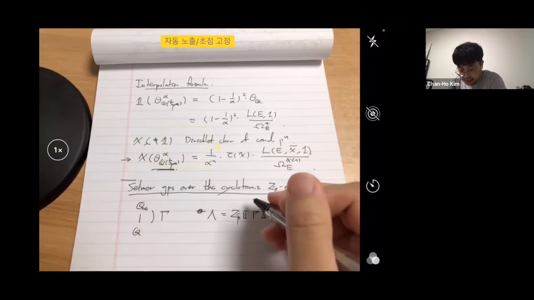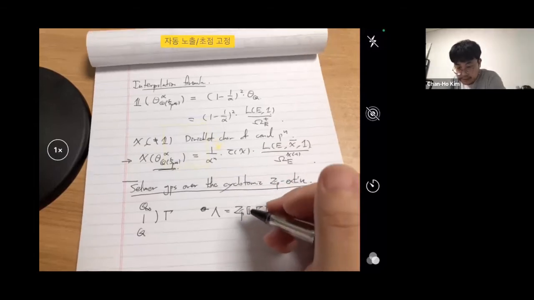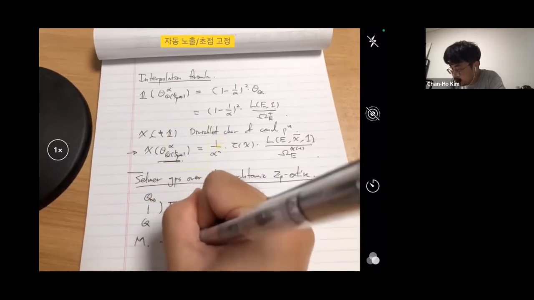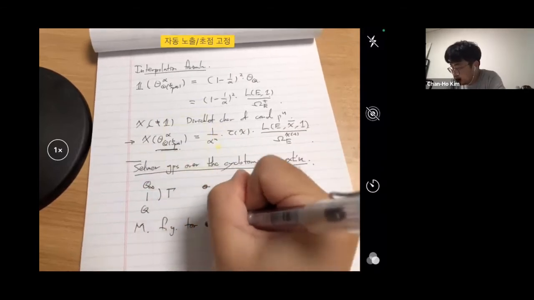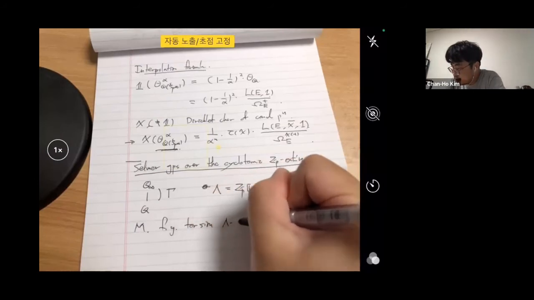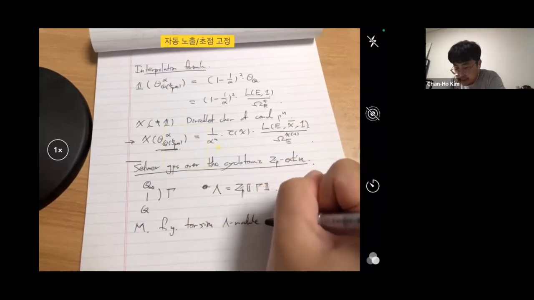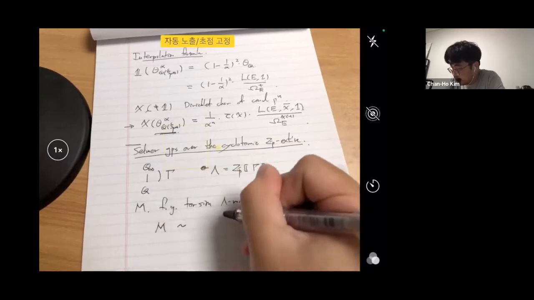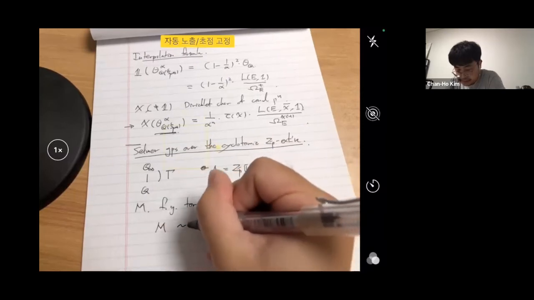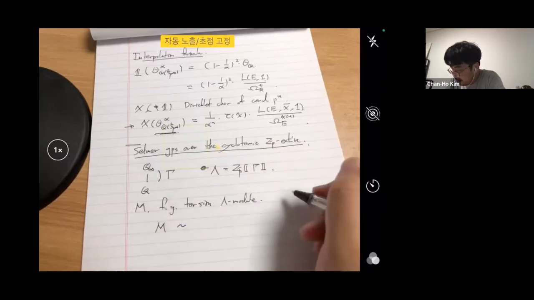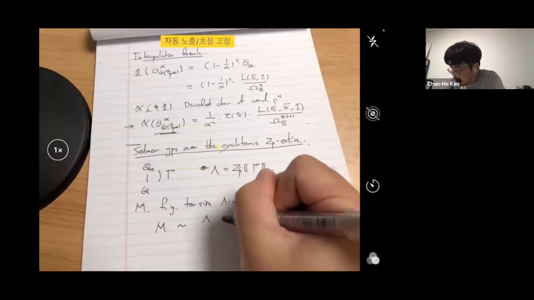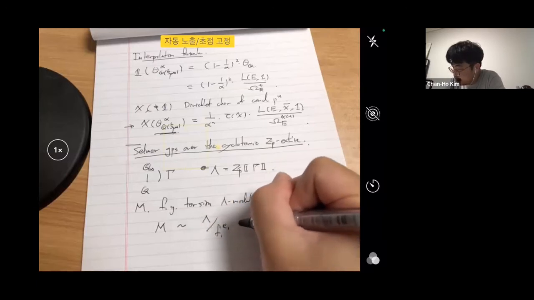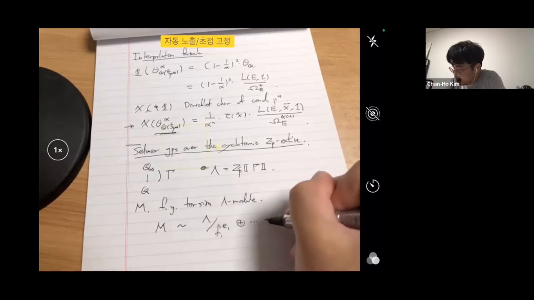And let me just recall the characteristic ideal. So M is a finitely generated torsion lambda-module. Then M is pseudo-isomorphic to the following type of module: the direct sum of lambda mod F_i to the E_i.